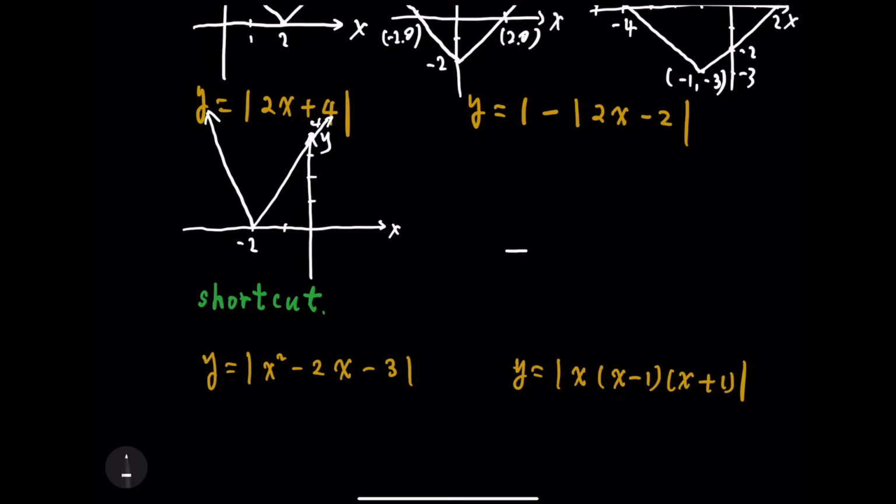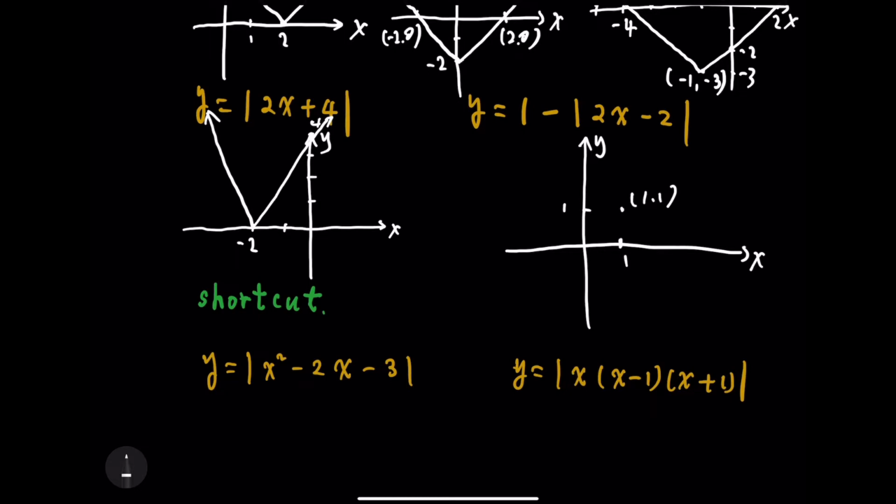So let's see how the curve goes. Lots of things going on here. So we get the point shifting to the right by 1 unit, so this is 1, and also shifting 1 unit up, so this is also 1. So we get the point 1, 1. And again, your y-intercept for the 2x minus 2 would be negative 2.